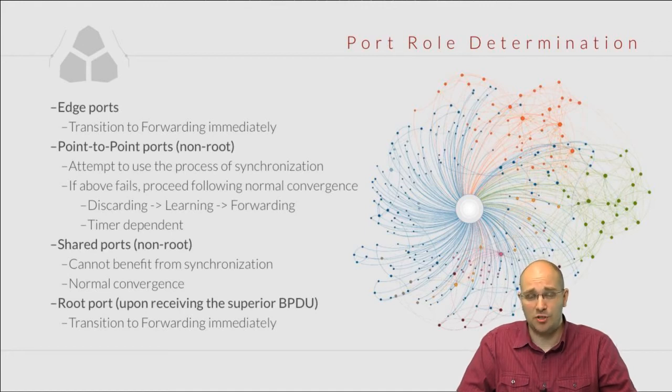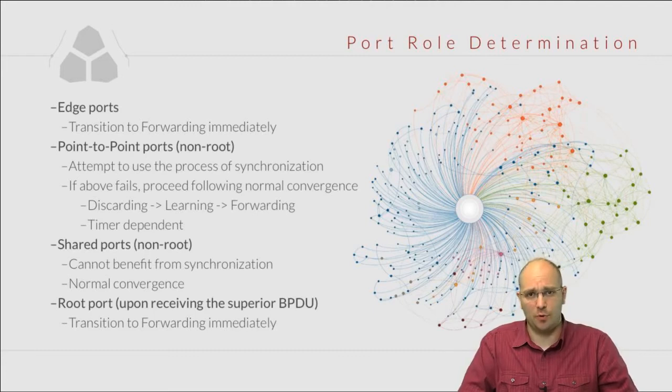Remember, the edge ports are the ports that behave in an identical way to PortFast ports. PortFast is conditional on the incoming BPDU. The same thing holds for edge ports. If there is an incoming BPDU on the port, this port will not be an edge port and therefore will need to converge in the same way as other non-edge ports.